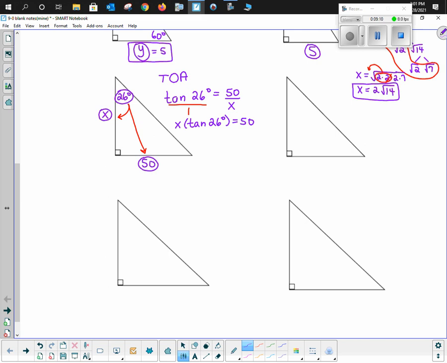And you want x by itself, so you need to divide by that tangent of 26. So here's the exact answer that I expect to see from you before you type into your calculator to get to the nearest hundredth, 102.52. Okay, 102.52.